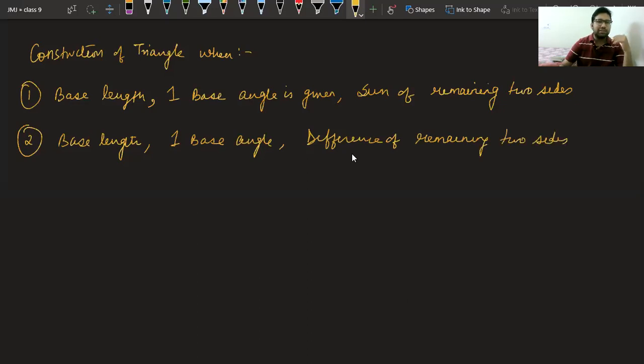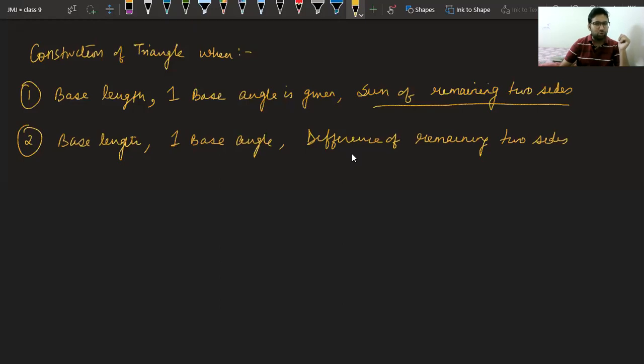Class, there is one problem. When you add 2 things, their order is not affecting anything. But when you are taking a difference, at that time you have to think of one thing. I told you in difference, always the larger quantity is written first. If you remember, in difference, we have seen the larger side will be written first. Do you remember that, class?